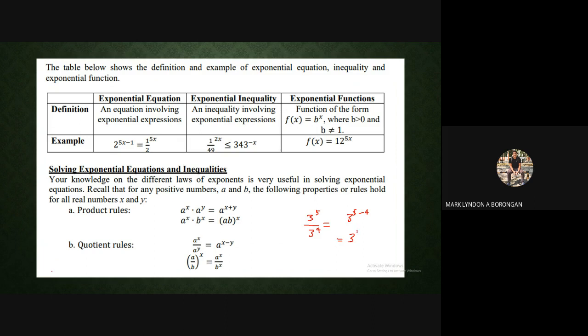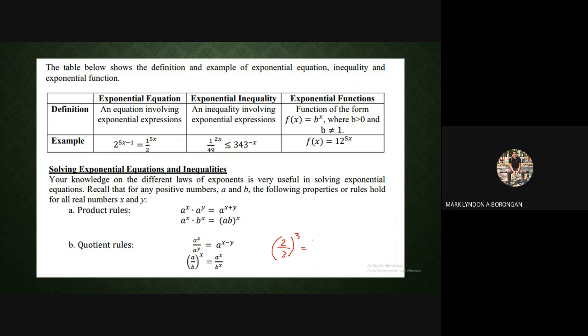Okay? Next, what about if you have the same exponent but different bases? So, sa tuwang inani, you'll have, for example, 2 over 3, to the power of 3.